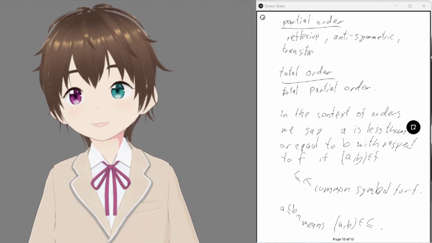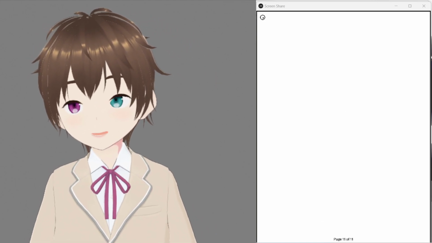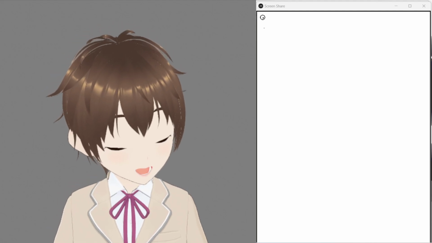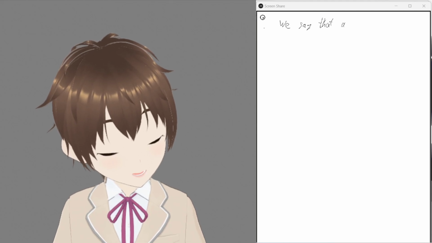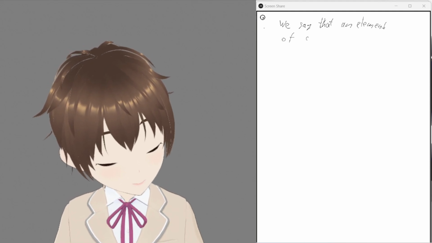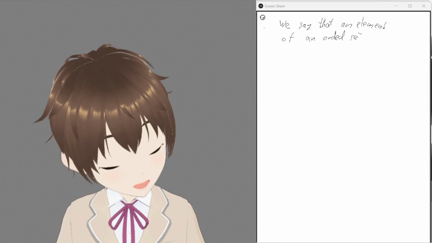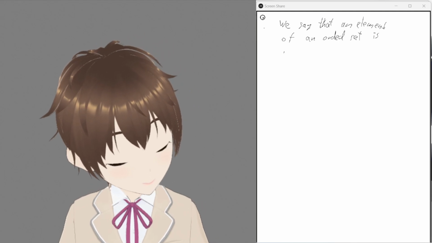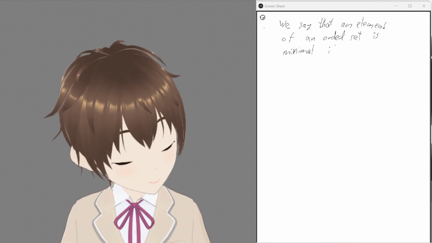Okay. To define well-foundedness or well order, there's lots of ways of doing it, but the way I want to do it is using the notion of minimal element or minimum element. So, side point, we say that an element of an ordered set, so a set with an order on it, a preorder, total order, or partial order, is minimal if there is no smaller element.